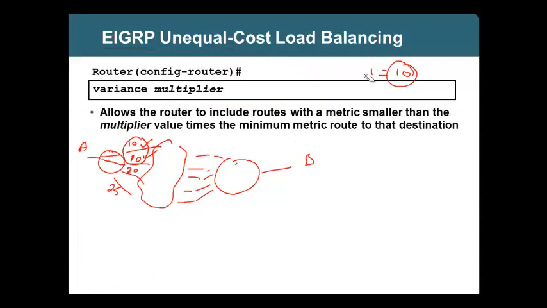Now, in case I want to have this path and this path also in the routing table, assume that those other 2 paths satisfy the feasibility condition. They are right now there in the topology table. That is very important.